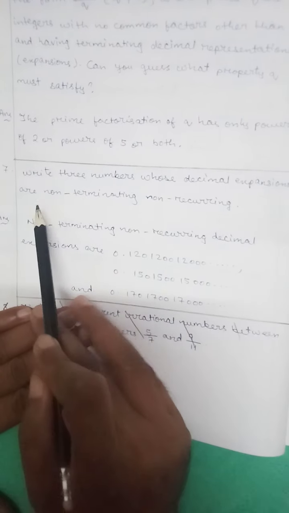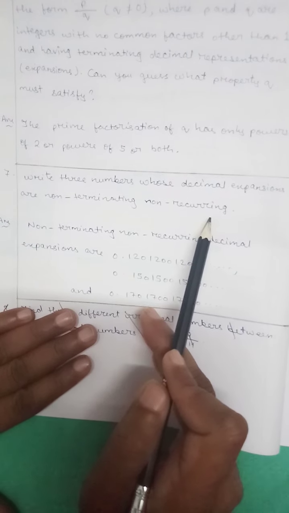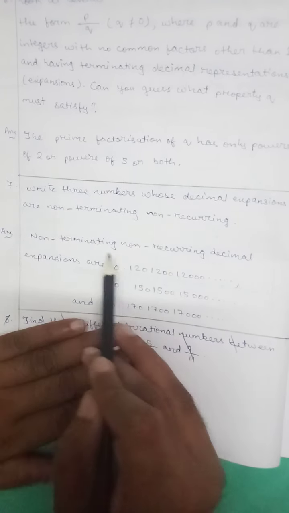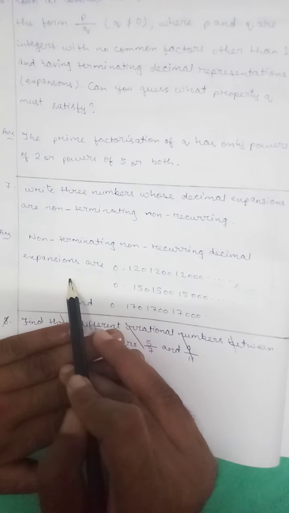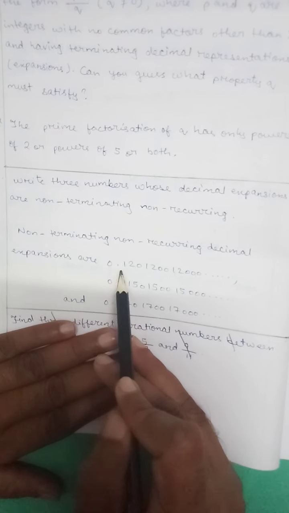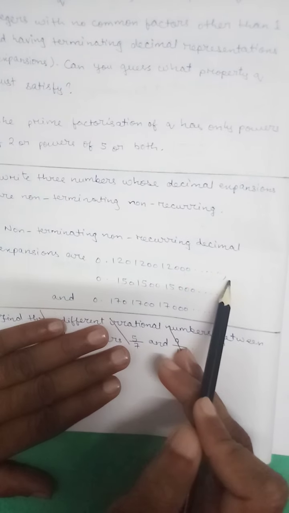Question number 7. Write 3 numbers whose decimal expansions are non-terminating, non-recurring. Non-recurring means non-repeating. Any example you can write, but make sure that the number should not be repeated. So non-terminating, non-recurring decimal expansions, we are following one system. Say 0.120, 1200, 12000, and so on.